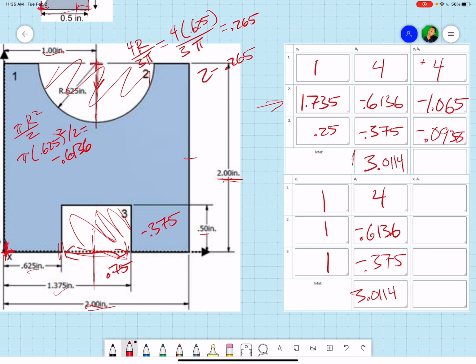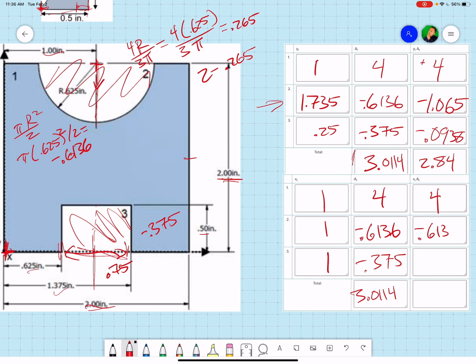All right. So we can add those up. So we have 4 minus 1.065 minus 0.938, and we get 2.84.